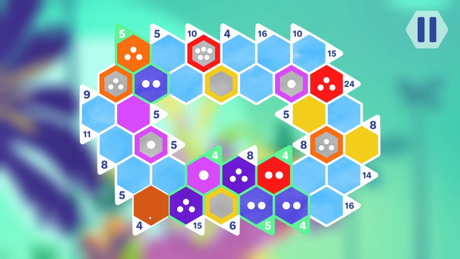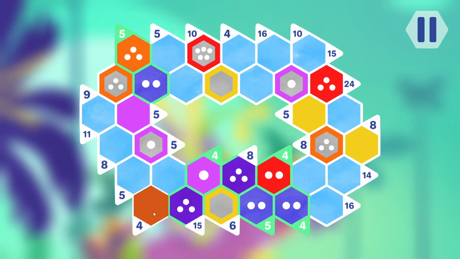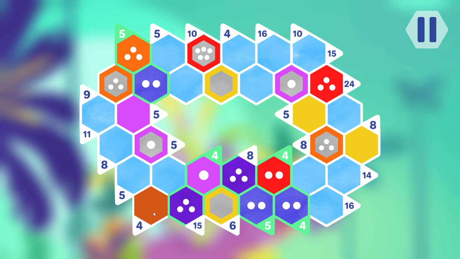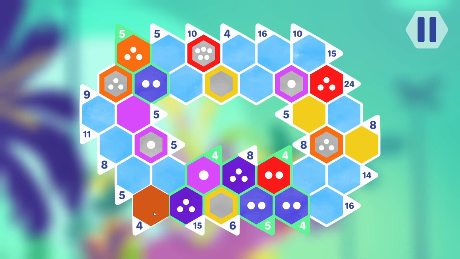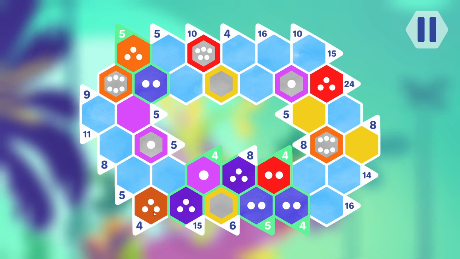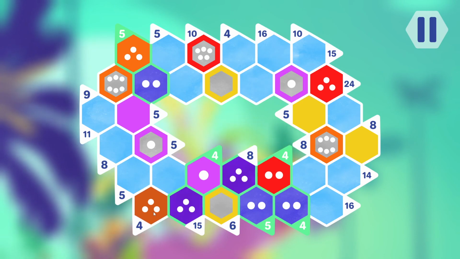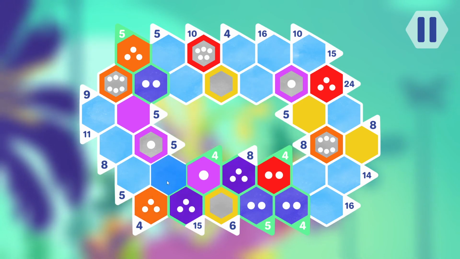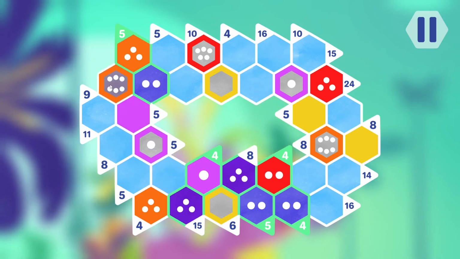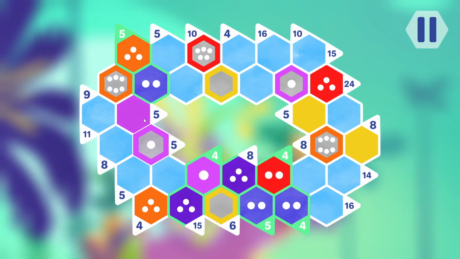let's work with this cell. It can be only 2 or 3. Let's say it is 3. Okay, that's 3. That means that this will be 1. So we'll have 4 plus 6, 10, and this needs to be 5 in total.